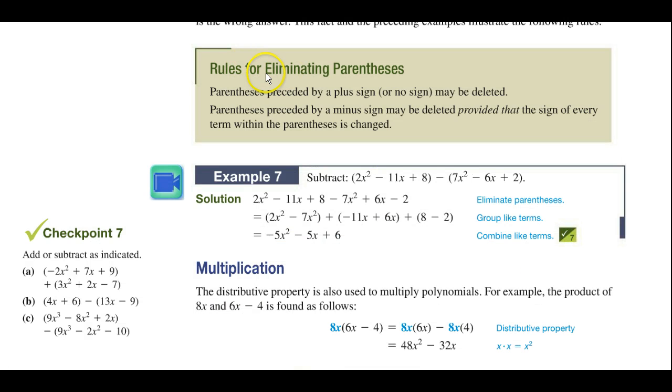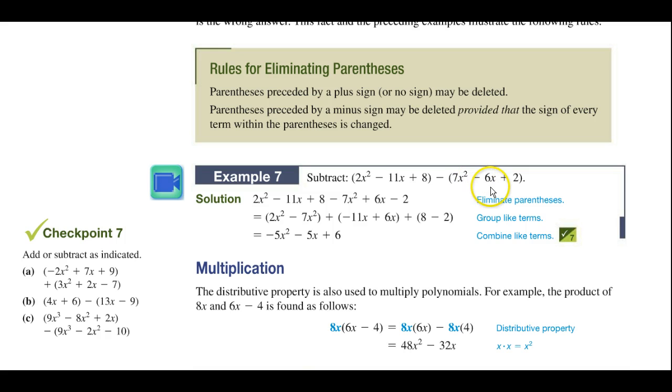Going over some other basic rules for eliminating parentheses. If there's no sign in front of the parentheses, you can just eliminate it. If there is a negative sign in front of parentheses, the rule is remove the parentheses, but then change each of the signs. This was positive, it's going to become negative.